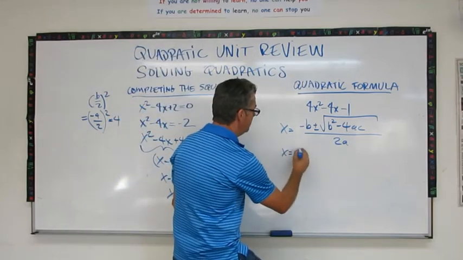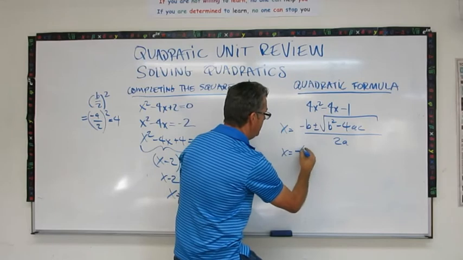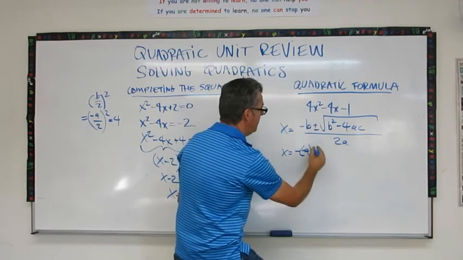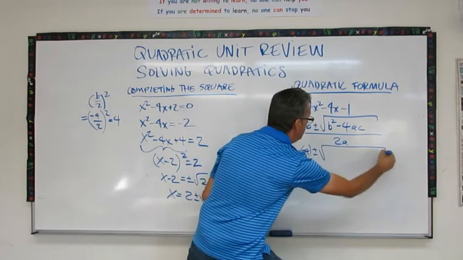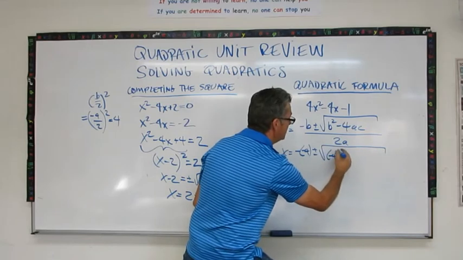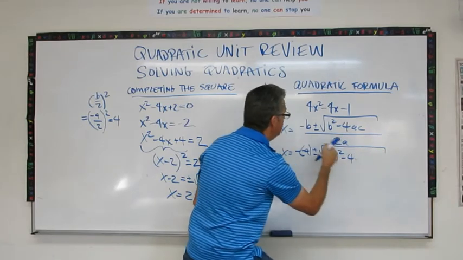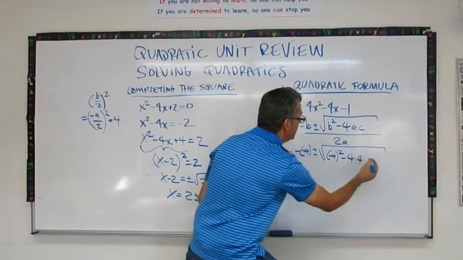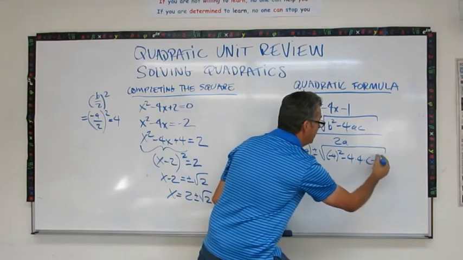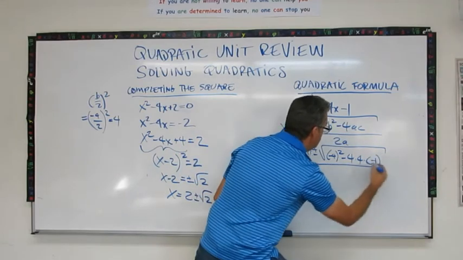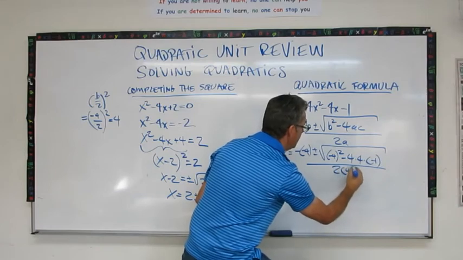So x is going to be negative 4 plus minus the square root of negative 4 squared minus 4 times a, which is 4, times c, which is negative 1, all over 2 times 4.